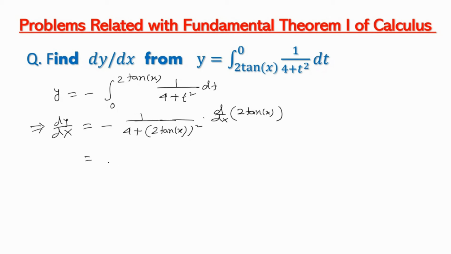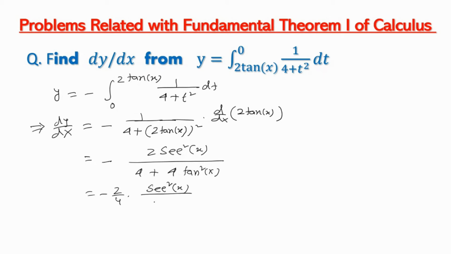So this is equal to minus 2 secant square x over 4 plus 4 tan square x. So this is equal to minus 2 over 4 secant square x times secant square x.